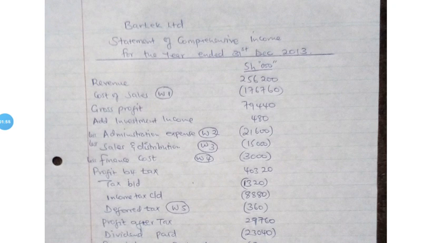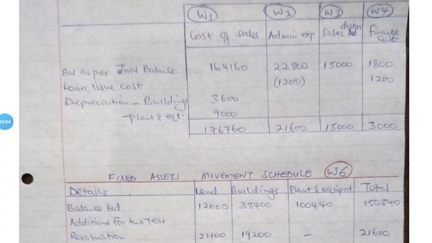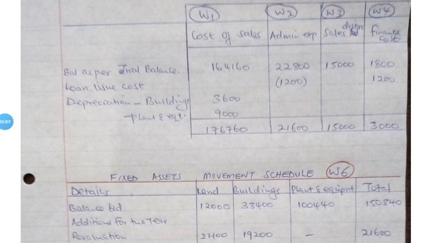We prepare a good table for the workings, as you can see from your screen. You write cost of sales, administration expenses, sales and distribution, and the finance cost.